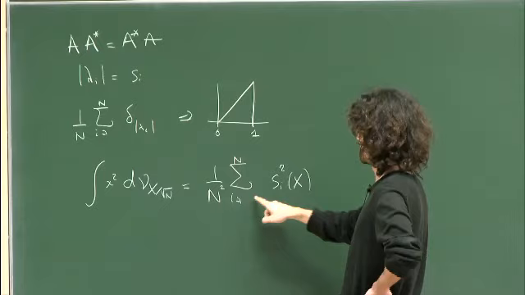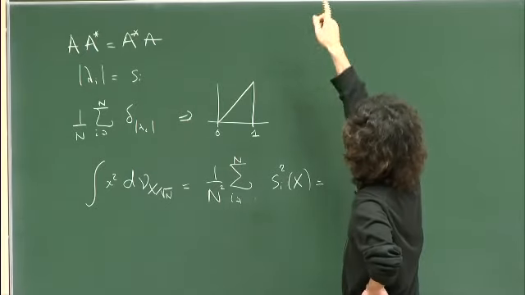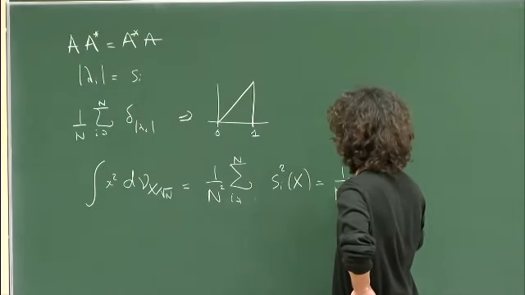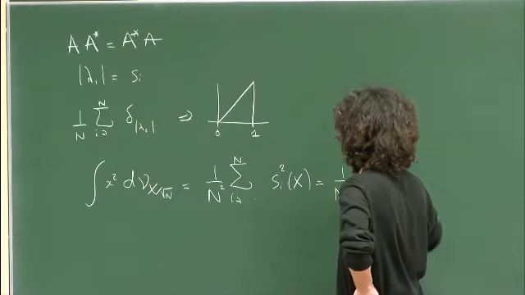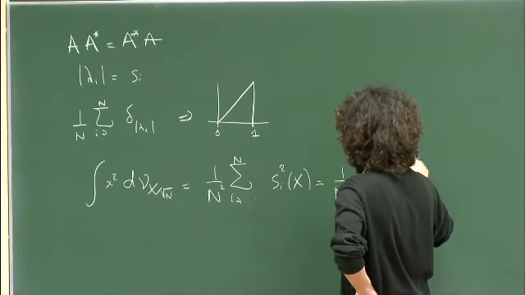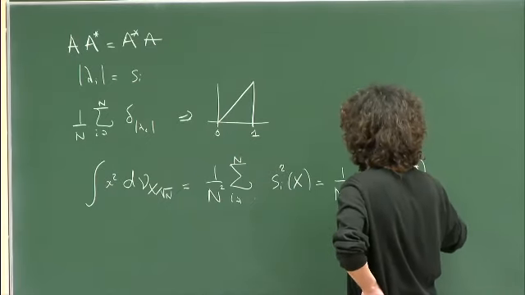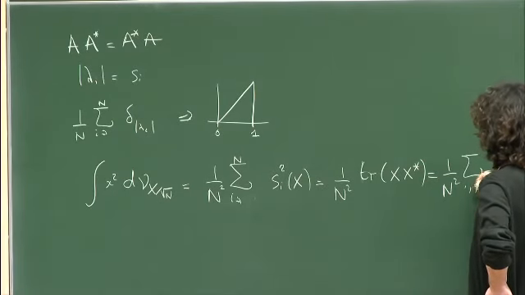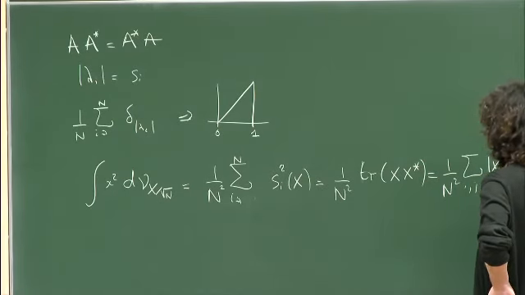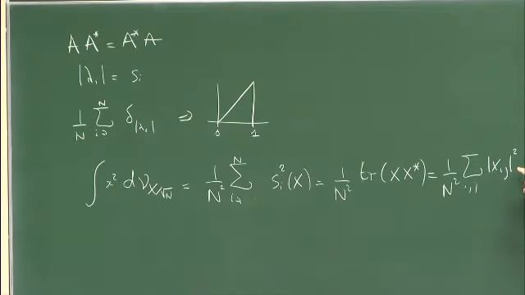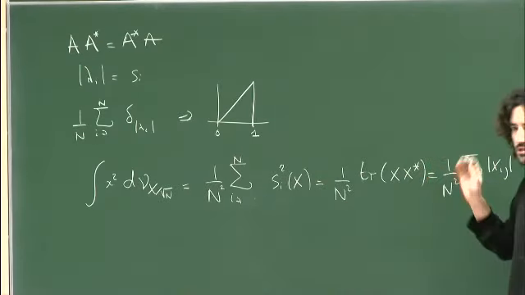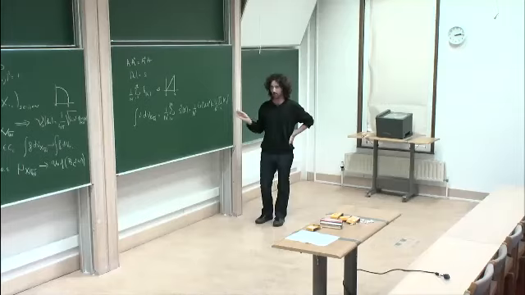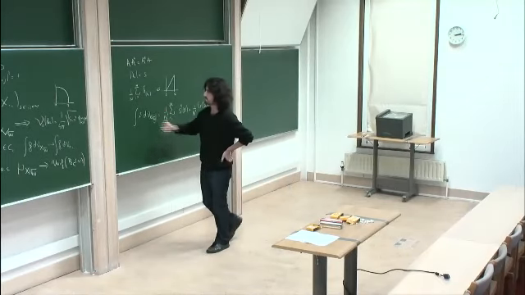Okay, but this is by the spectral theorem. This is nothing but 1 over n times the trace of X star X, and this will be 1 over n times the sum over i, j of modulus of X_ij squared. And since I have the law of large numbers, it tells you that this converges to 1. So you have to put a square root of n to get something which does not explode to infinity. So this scaling, there is nothing magic about it.